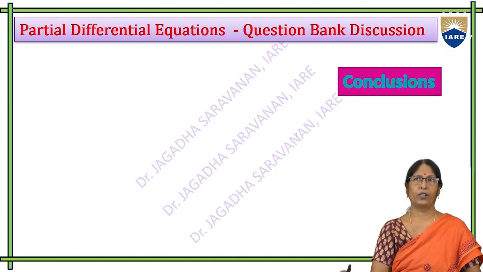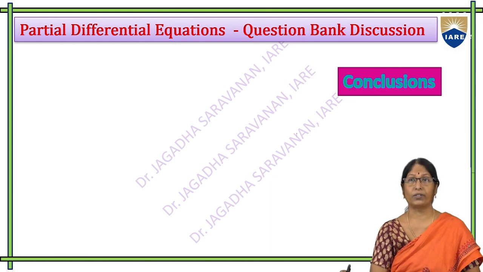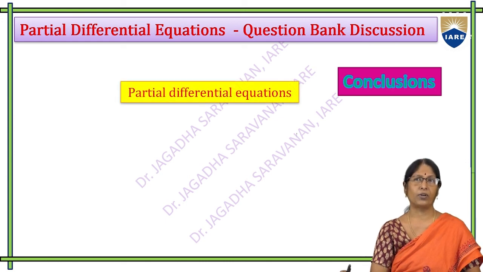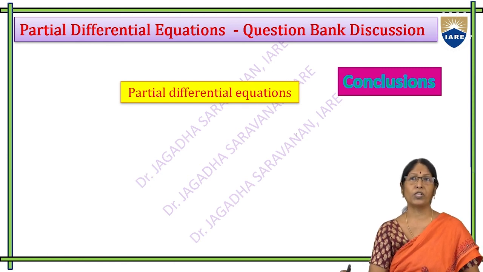So now we will come to a conclusion of this topic, the question bank discussion for module 5, partial differential equations. What are partial differential equations first? They have partial derivatives, one dependent and two independent variables, order, degree, and to form partial differential equations, eliminating arbitrary constants and functions.